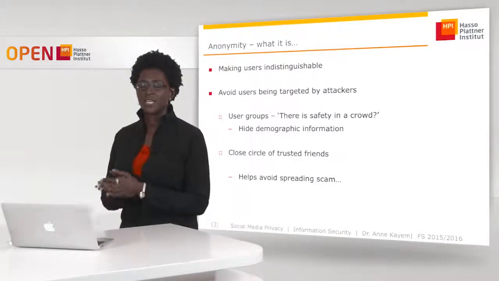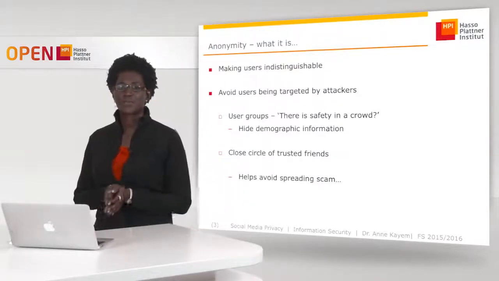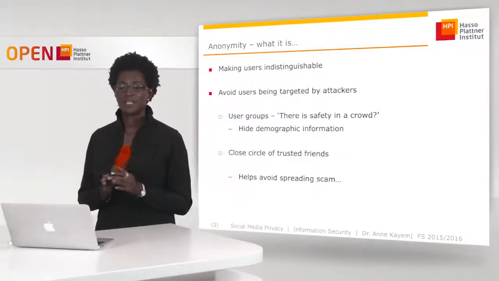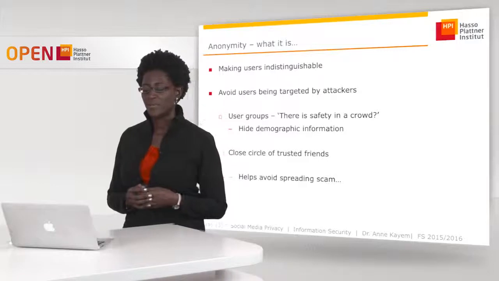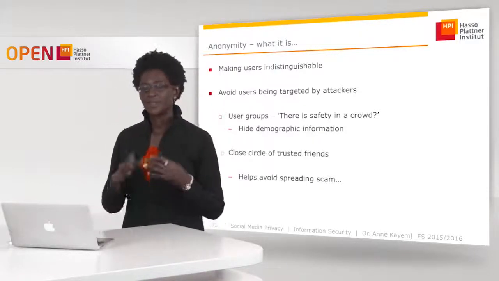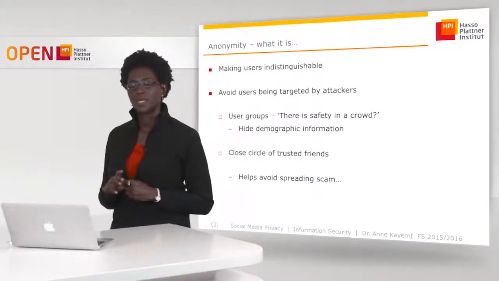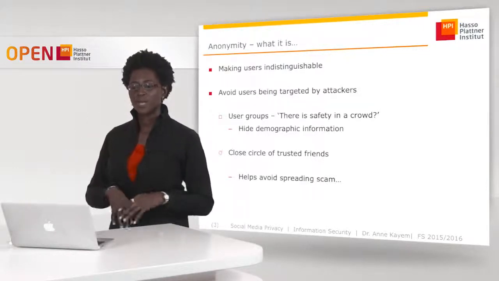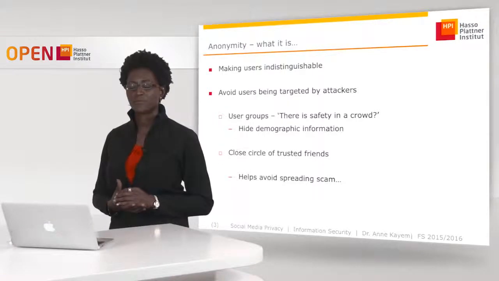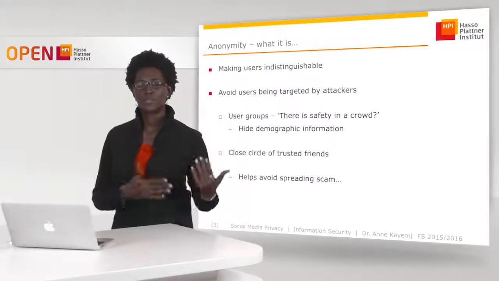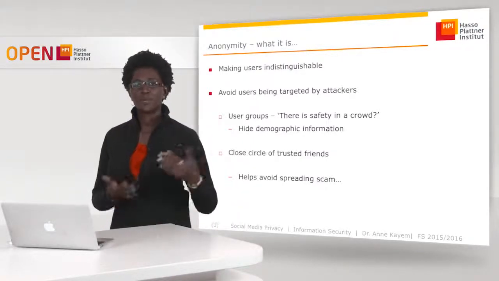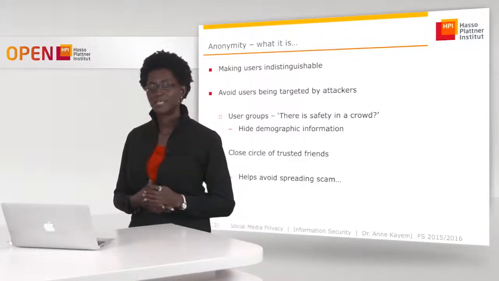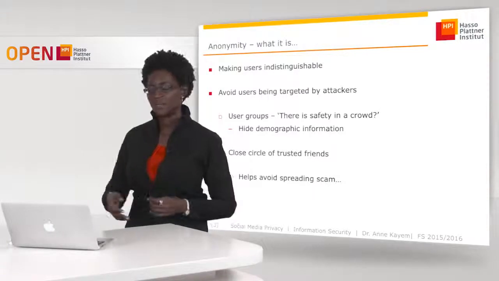Demographic information is everything about yourself, so your name, your date of birth, and so on, things that define you in a unique way. And you want to do this to ensure that the anonymization works so that you have your trusted circle of friends, and also to avoid issues like we just talked about of spread of malware, of spread of scam, of identity theft, of spoofing, and so on.